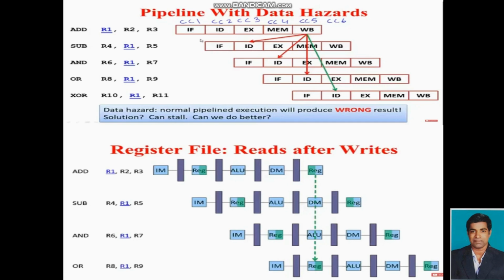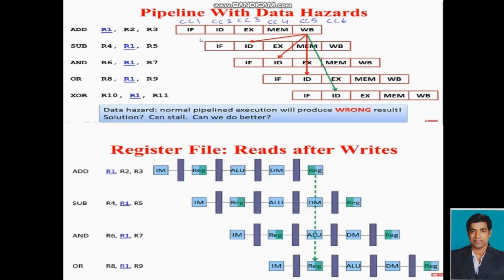But the subtraction instruction, AND instruction, OR and XOR instructions have data dependency with the first instruction, so it is represented by red lines. That means data dependency in the earlier clock cycles will create the problem, that means hazard, data hazard.